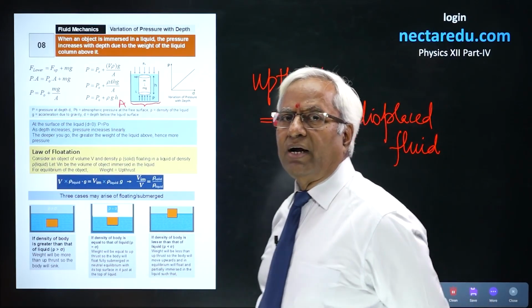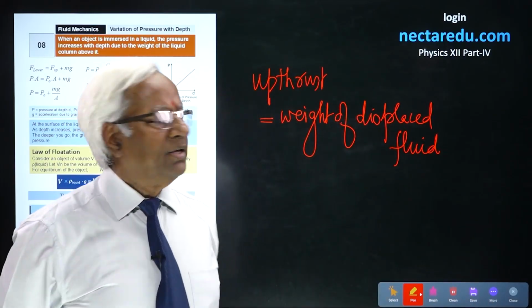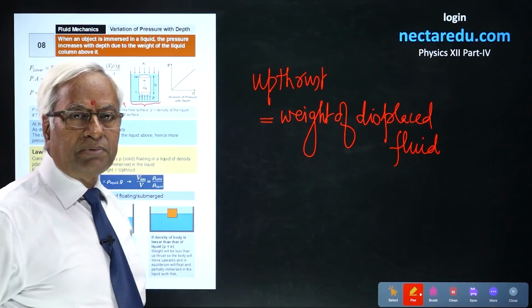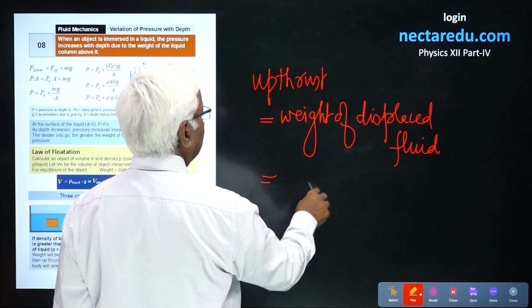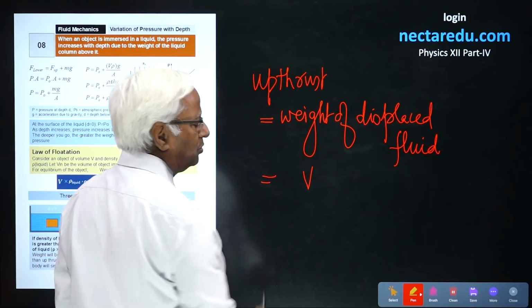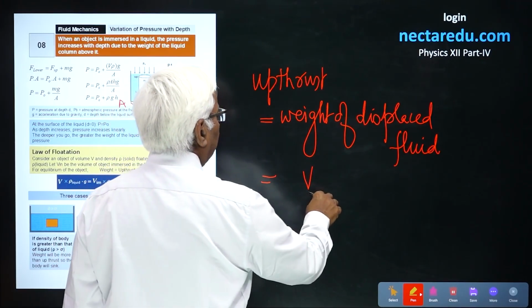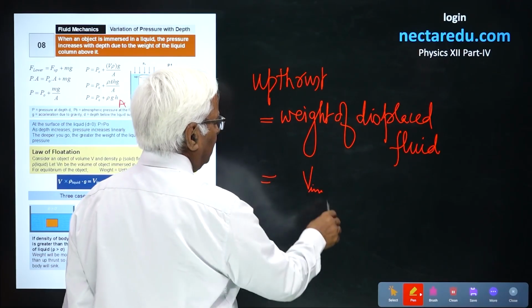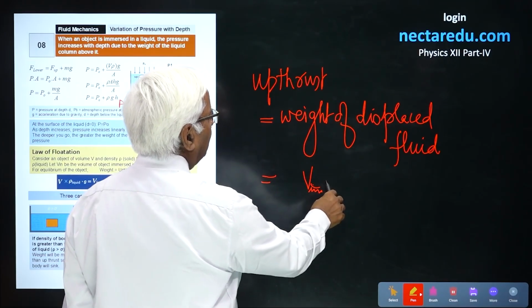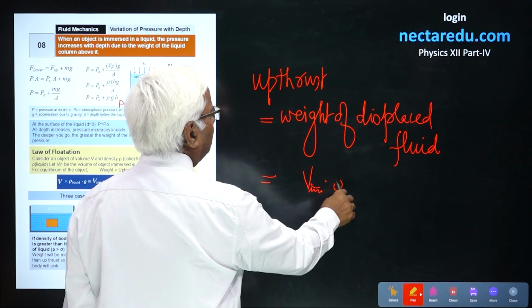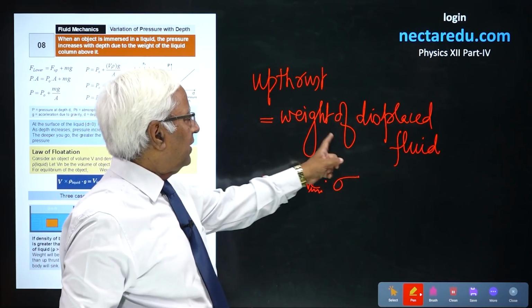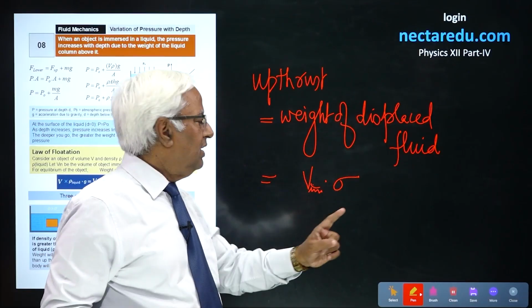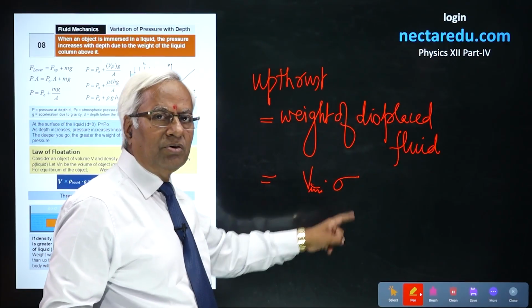Now, whenever you want to find the upthrust, you have to find out the weight of displaced fluid. Suppose the body is completely immersed, then you will take the total volume. If only one particular volume is immersed, then you will take Vm into the density of the liquid. Here, because you are saying weight of displaced fluid, you will take the density of fluid only.